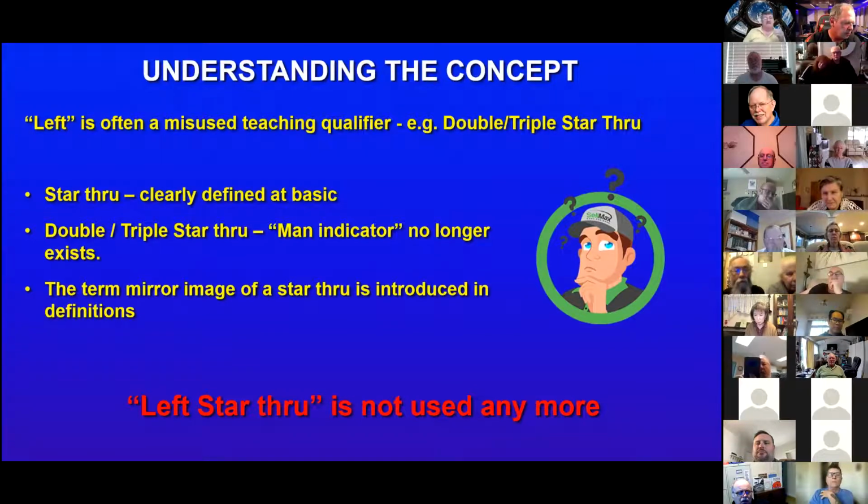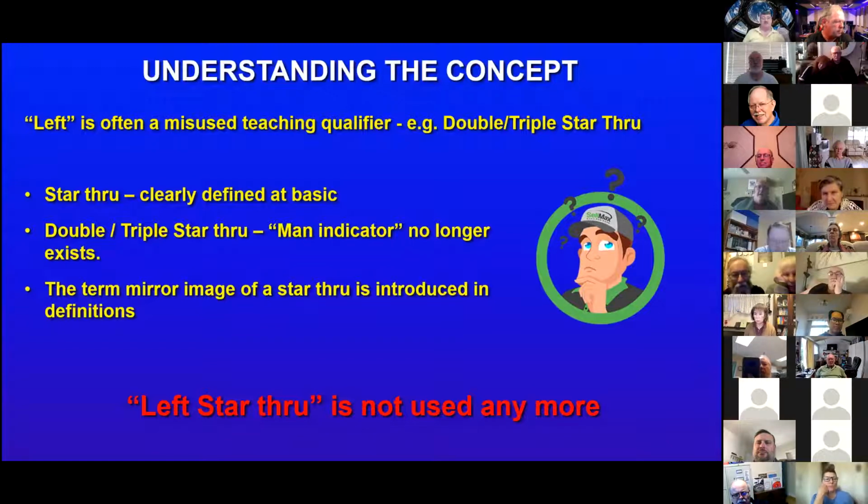Now at Advanced, you have double and triple star through, but they have not referred to the man or the lady in this instance. The indicator of right star through and left star through, however, has for many years been used, and then it was dropped. Now, rather than use right or left, the definition says the mirror image, and then it clarifies it.